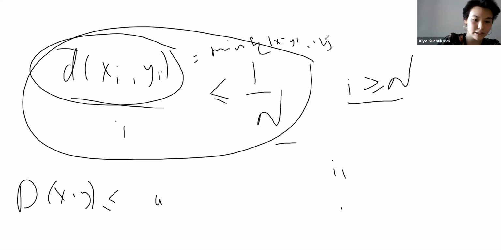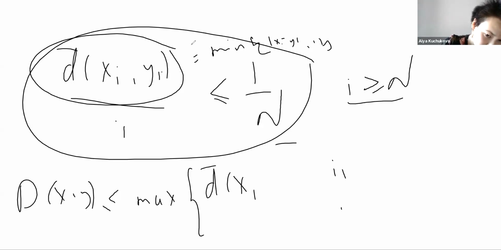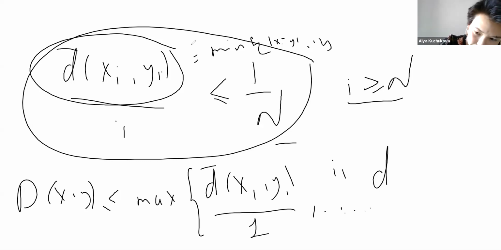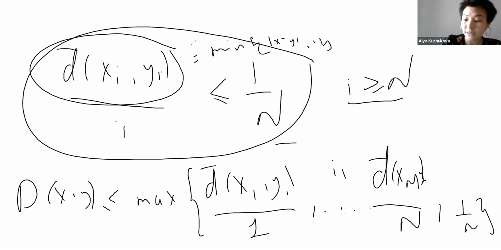We write it as the maximum of d bar(x_1, y_1) over 1, and so on, up to d bar(x_n, y_n) divided by n, and 1 divided by n. And that's it, right? Of course this can become a little bit bigger than our d(x,y), that's why it's an upper bound. Because, for example, we may never actually get 1 divided by n, but we do count it in here.